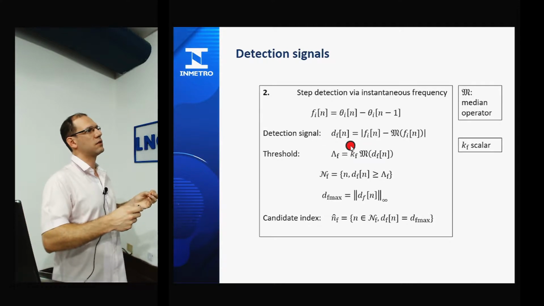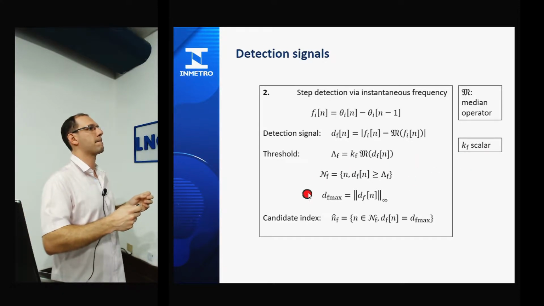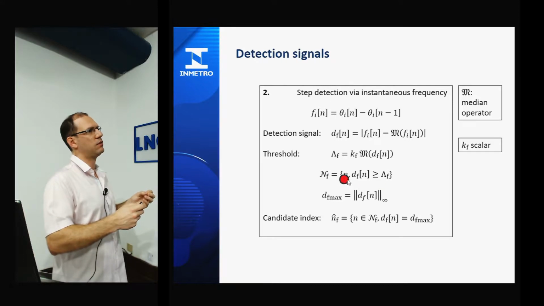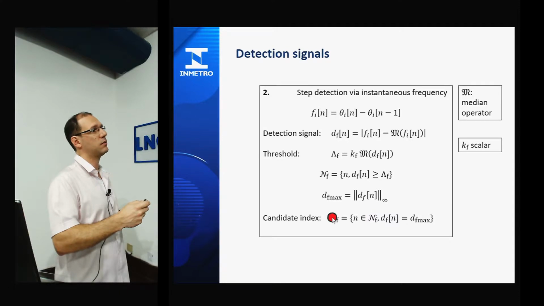We define a detection signal, and we define a threshold with a scalar kf. We define a set of values for which the detection signal is greater than or equal to the threshold, a maximum value given by the infinity norm, and we also have a candidate index.